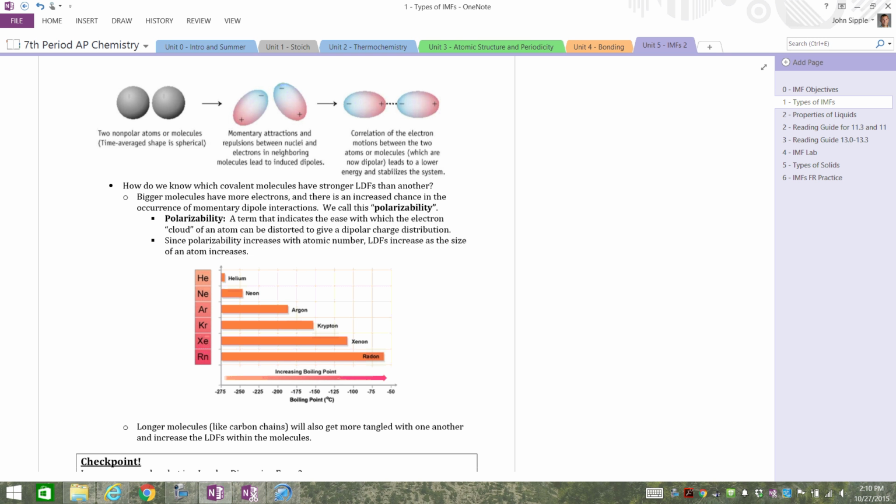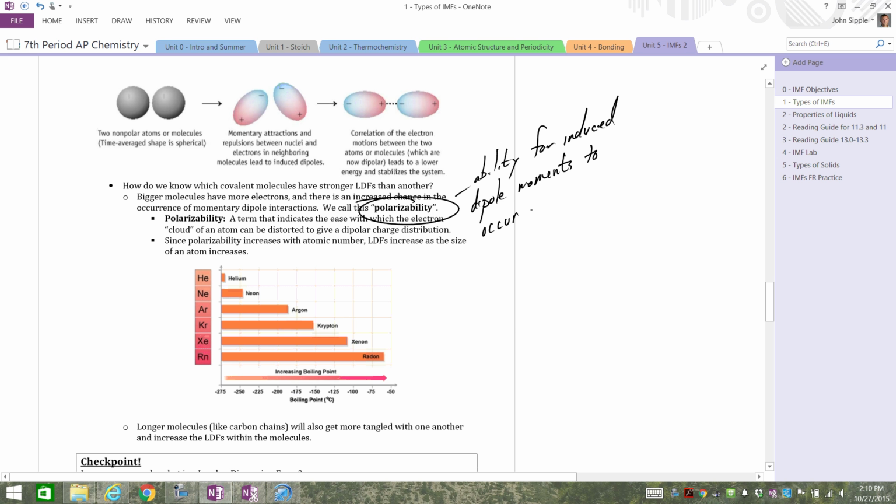Polarizability is the ability for an induced dipole moment to occur.